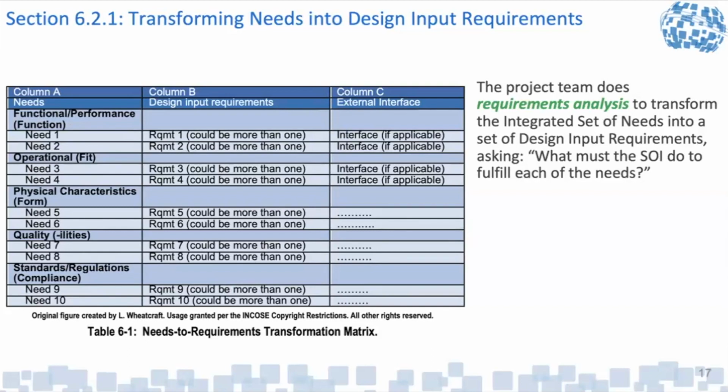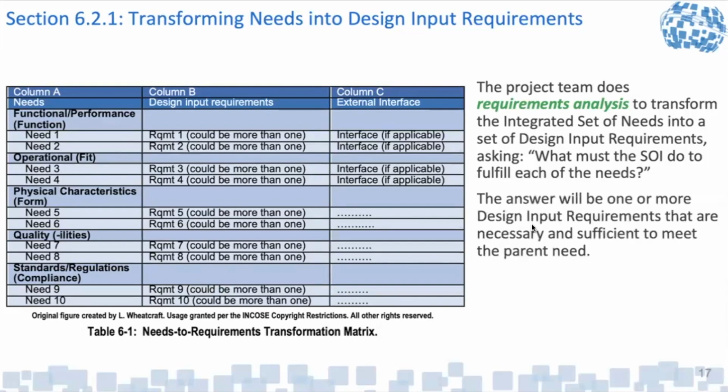And the project team is going to do the requirement analysis to transform the integrated set of needs into a set of design input requirements, asking what must the system of interest do to fulfill each of the needs. The answers to those questions would be one or more design input requirements that are necessary and sufficient to meet the parent need. So in column B, when we ask the question, then we can start writing the requirements.